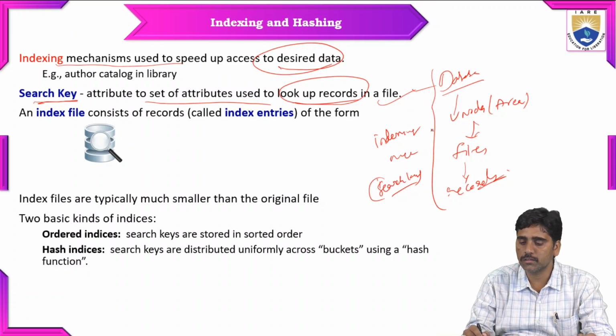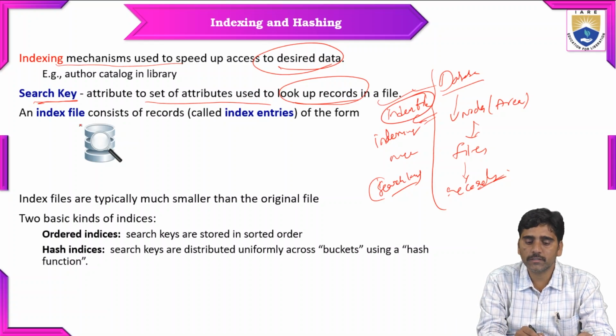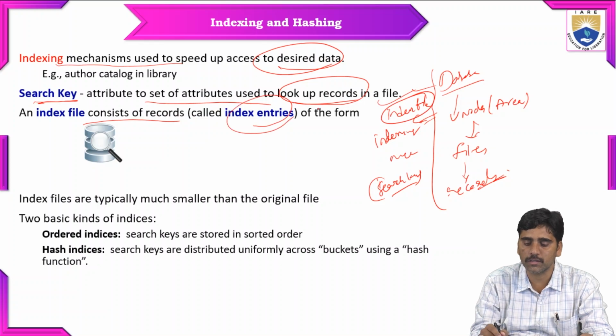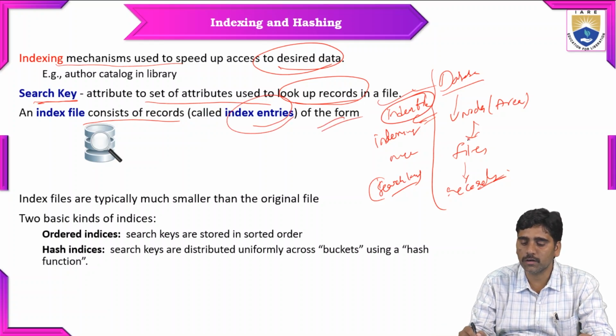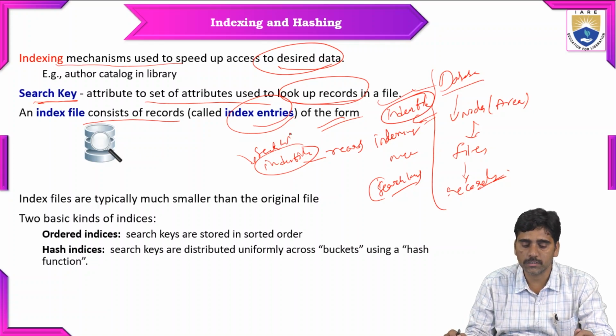And for all of this, an index file is also maintained. An index file consists of records called index entries. All the records have a separate index file, and in that index file, the index search key is used to look up all the records.